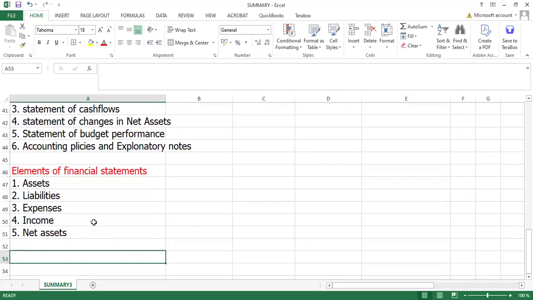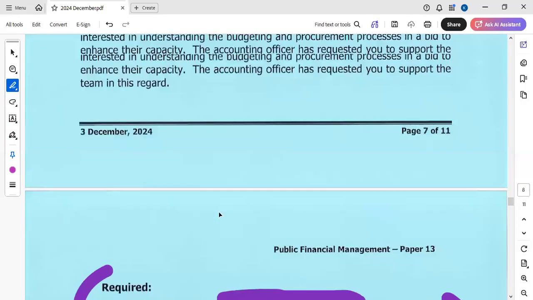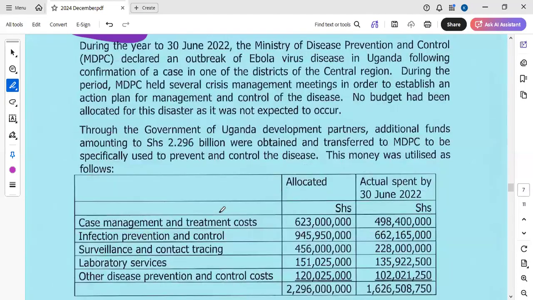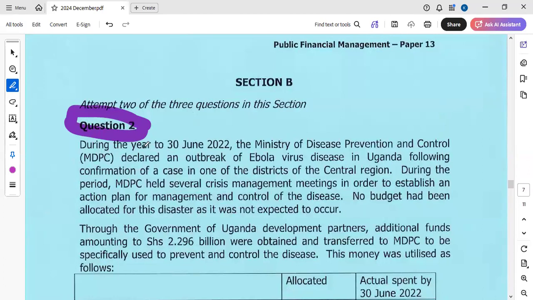What are we told in our case study? In this question, we are told that during the year to 30th June 2022, the Ministry of Disease Prevention and Control declared an outbreak of Ebola virus disease in Uganda, following confirmation of a case in one of the districts of the central region.